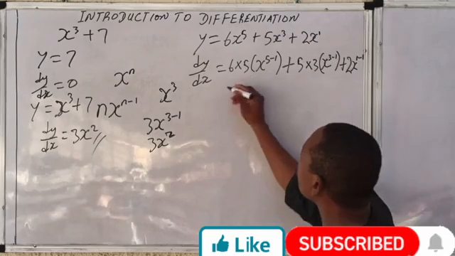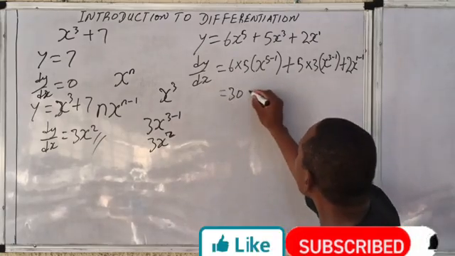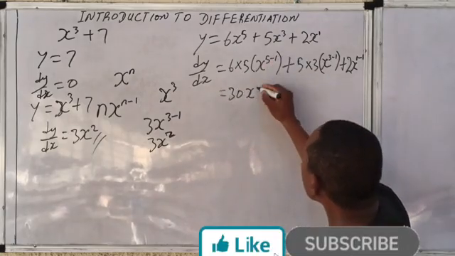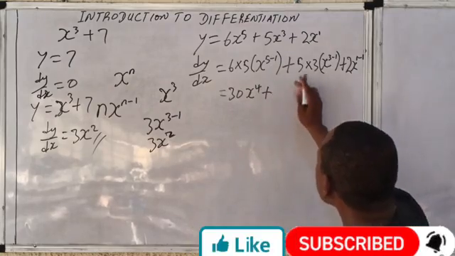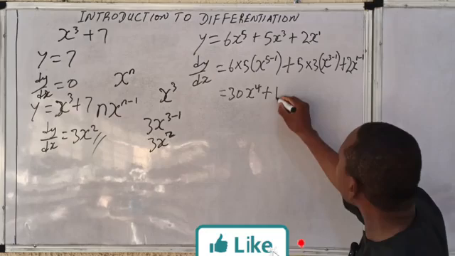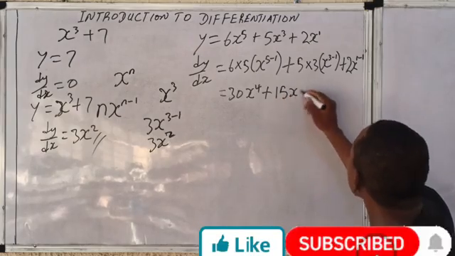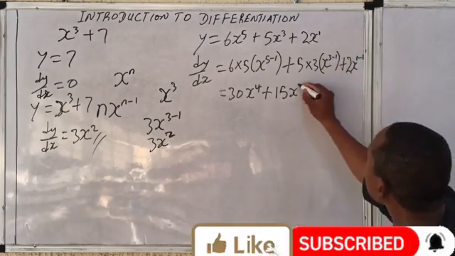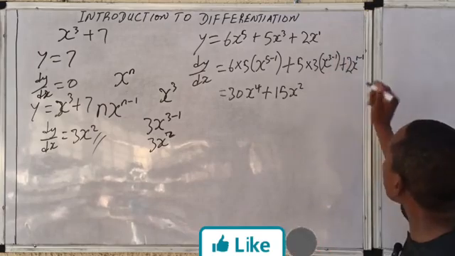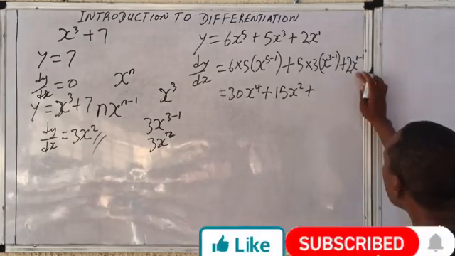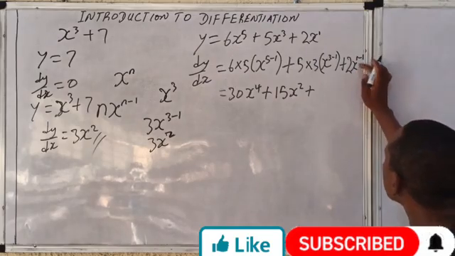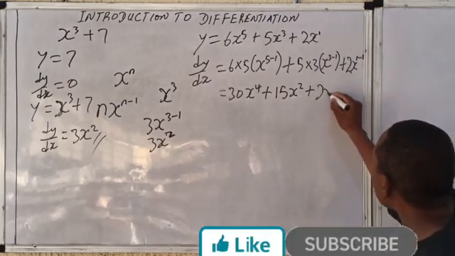If you use this to multiply this, what do you have? 30x raised to power, subtract, you have 4. Plus, if you use it to multiply this, what do you have? 15x, to subtract this, you have 2. 3 minus 1 is 2. Plus, now, 2x is there, all right?